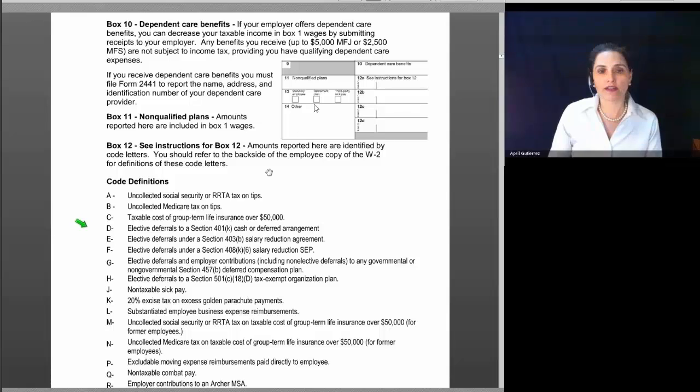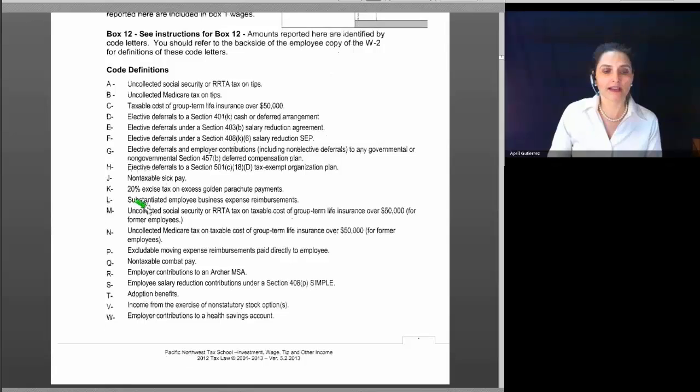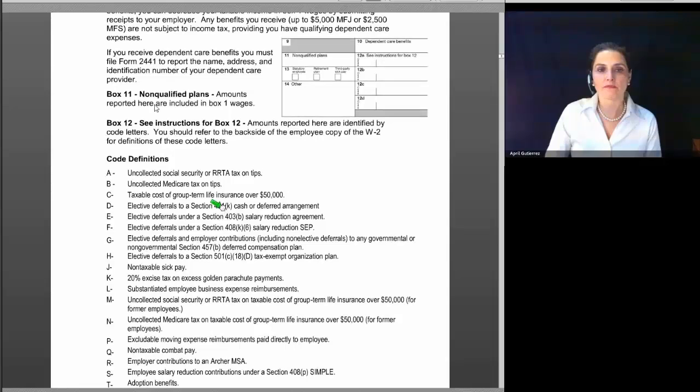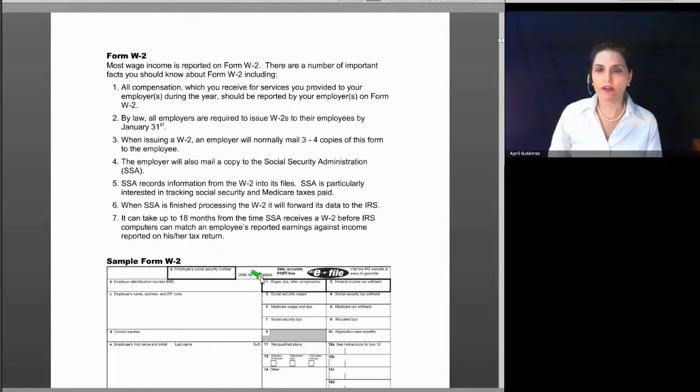And if there is a code V in Box 12, then it means that that employee exercised non-statutory stock options during the year. Well, when I see a code V on a W-2, I'm going, okay, this employee has wages that are reported in Box 1 of the W-2, right here. Whatever is in Box 1, a portion of the number in that box is because of the exercise of non-statutory stock options.